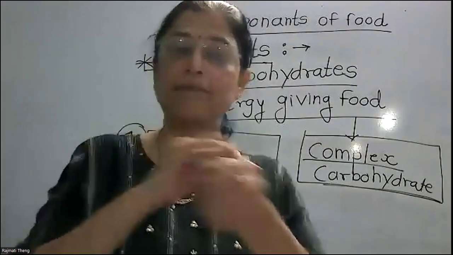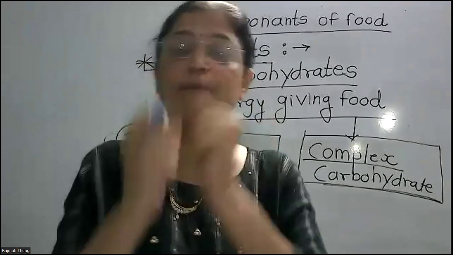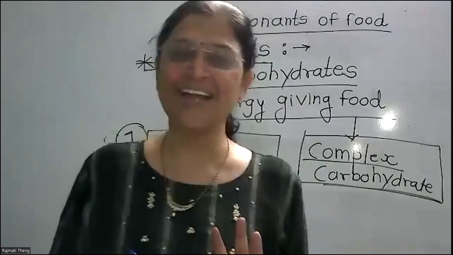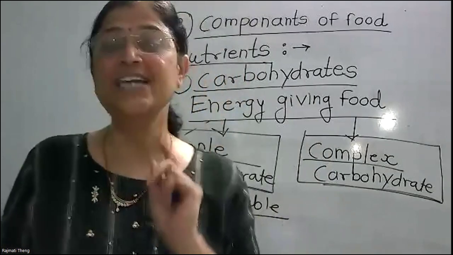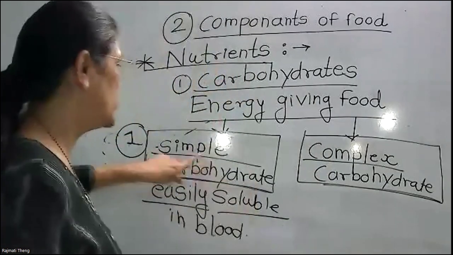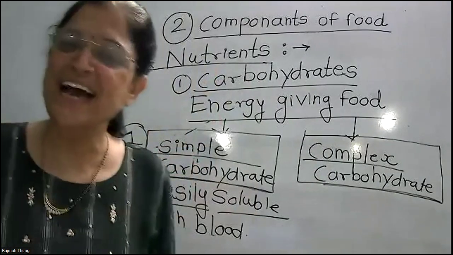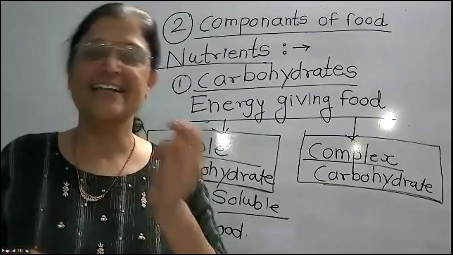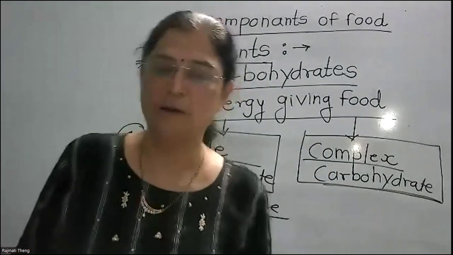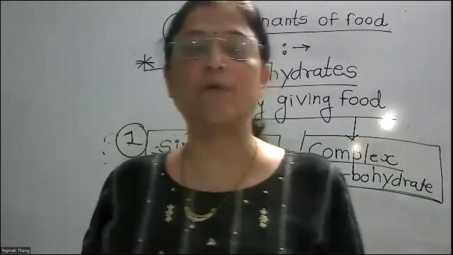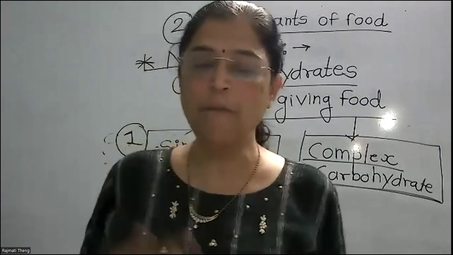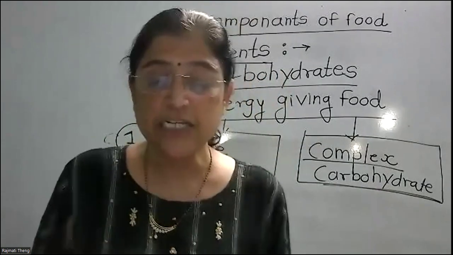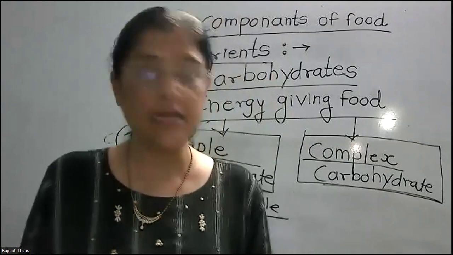बिकॉज इट इज इजीली absorbed in the blood and we obtain the energy fastly, immediately. Okay, that's why glucose is given to the patient, because glucose is simple carbohydrate. ओके, इजीली ब्लड में एब्सॉर्ब हो जाता है. और सिंपल कार्बोहाइड्रेट मिल्क में, फ्रूट में, टेबल शुगर, हनी में प्रेजेंट होते हैं.